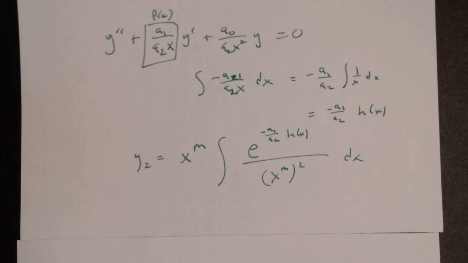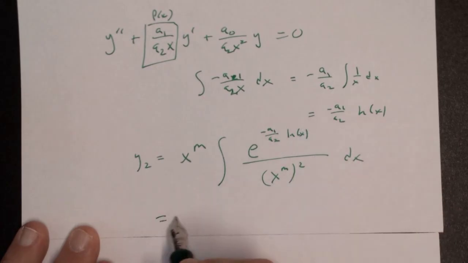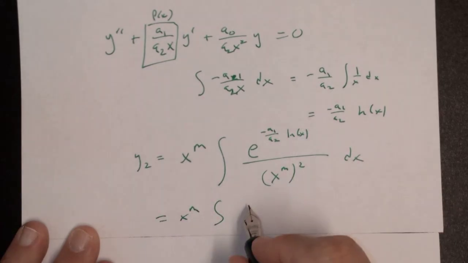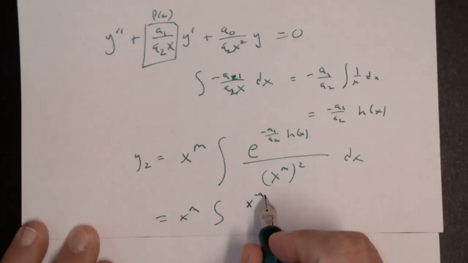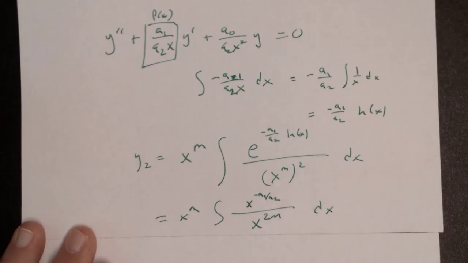Only when they're next to each other. So what do I do with the a1 and a2 stuff? Aha. So that's going to become a power on the x. x to the m integral x to the negative a1 over a2 over x to the 2m dx.